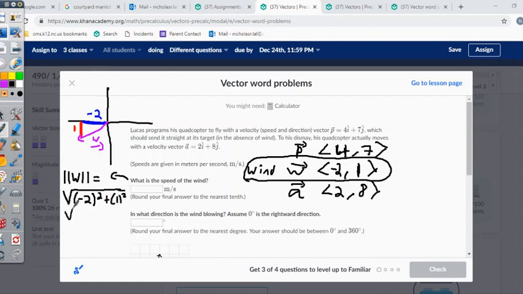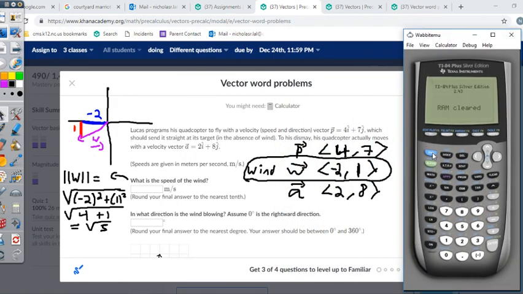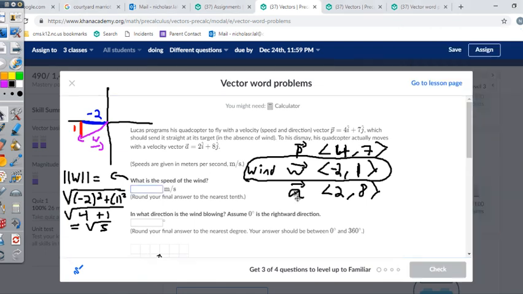So that's going to be equal to the square root of -2 squared is 4, and 1 squared is 1. So that's going to be equal to the square root of 5. And now it says to round our answer to the nearest tenth. So to find the square root of 5 to the nearest tenth, I can take my trusty old calculator and find the square root of 5. That's going to give me 2.23. So if I round to the nearest tenth, that would be 2.2.